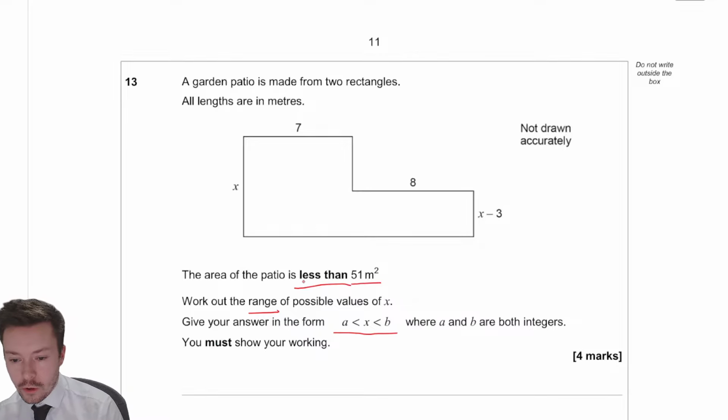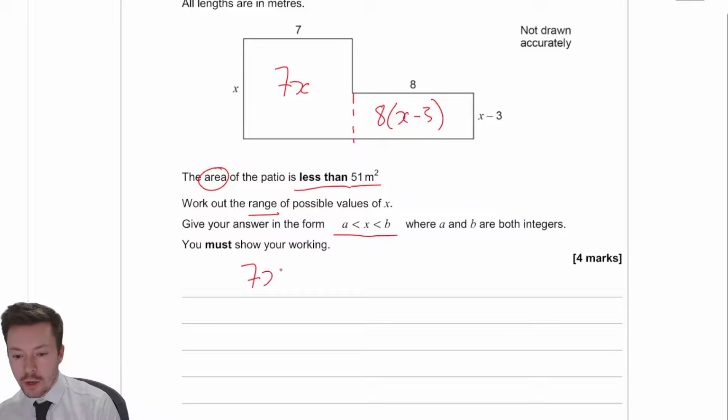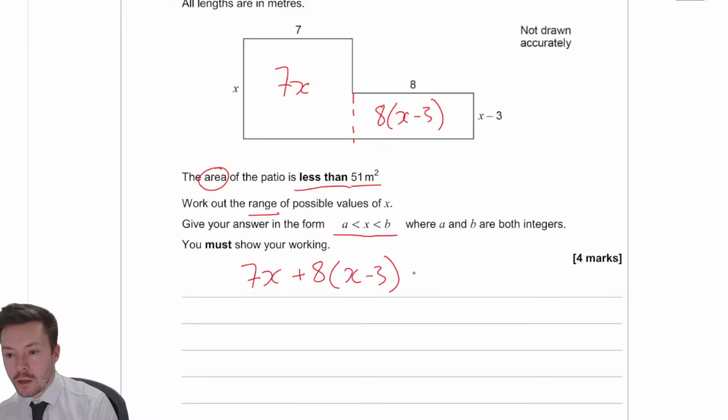Okay, so we've got the area, and to work out the area of this shape, I'm going to split it up. So this would be 7x, and this would be 8 lots of x minus 3. So we know 7x plus 8 lots of x minus 3 has to be less than 51.